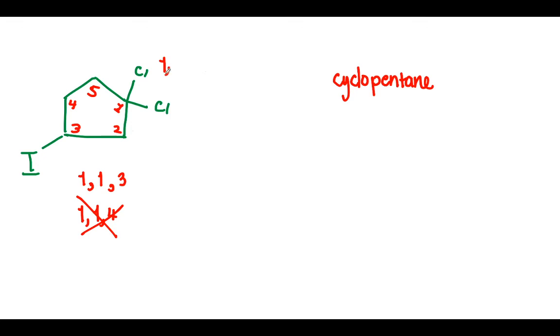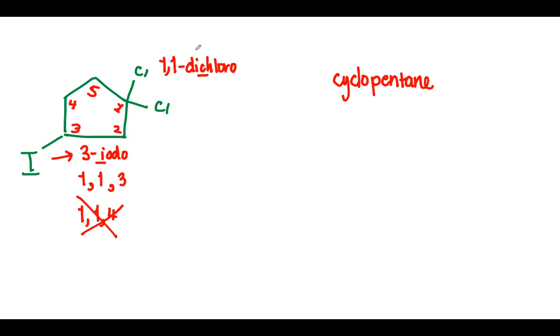And I see the numbers. So I've got 1,1-dichloro. And I see 3-iodo. Right? So these are my side groups with the numbers. And if you remember from the previous videos, I have to compare the alphabetical letters to see which one comes first.